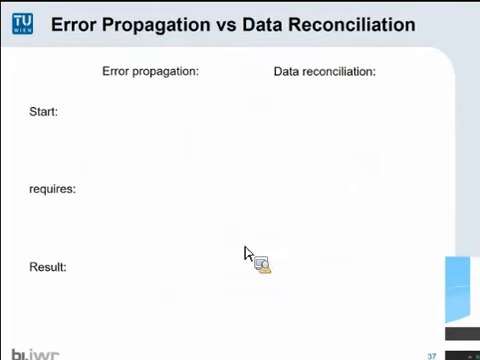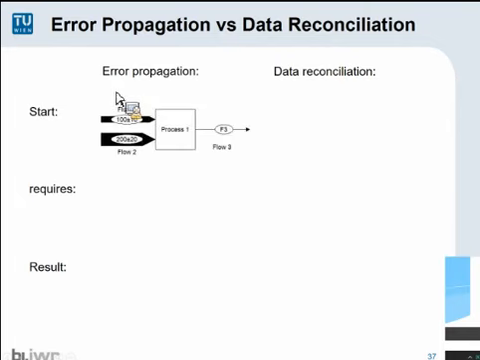Okay, to sum it up, what's the difference between error propagation and data reconciliation? Let's start with error propagation. In error propagation, you have to have an exactly determined system of equations. That means you have to have the same number of equations as unknown flows. So we have here one process, that means one balance equation and one unknown flow.